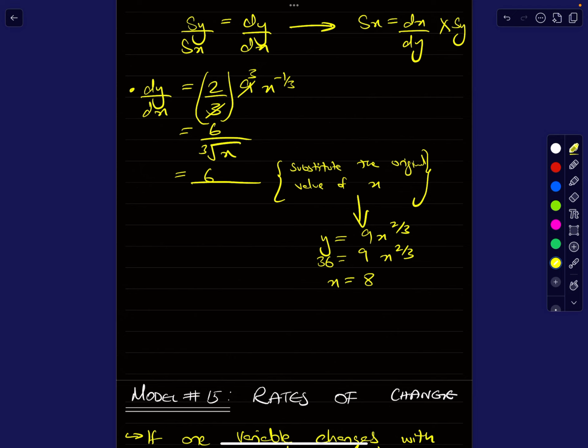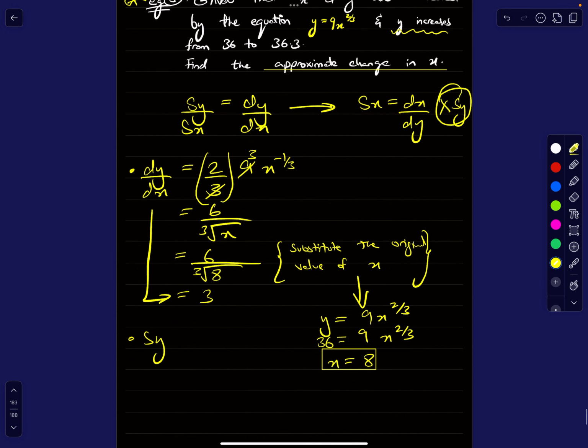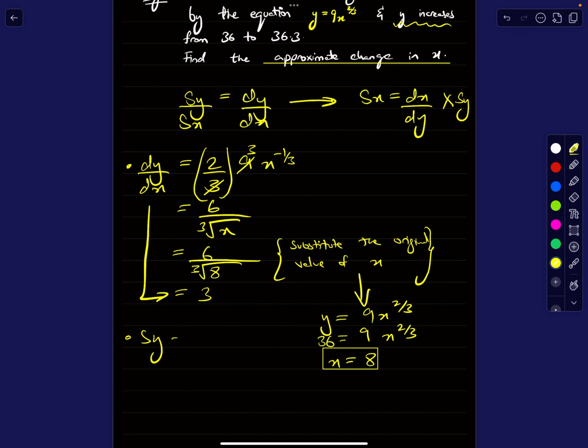So the original value of x at the point when y is 36 is 8, and 6 over 2, and my dy over dx turns out to be 3. Then I need the small change in y here. It's 36.3 minus 36, which is 0.3.